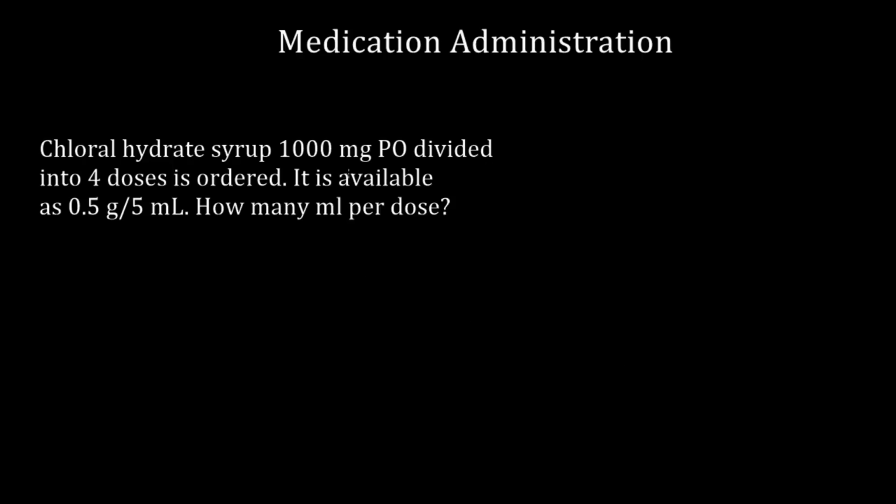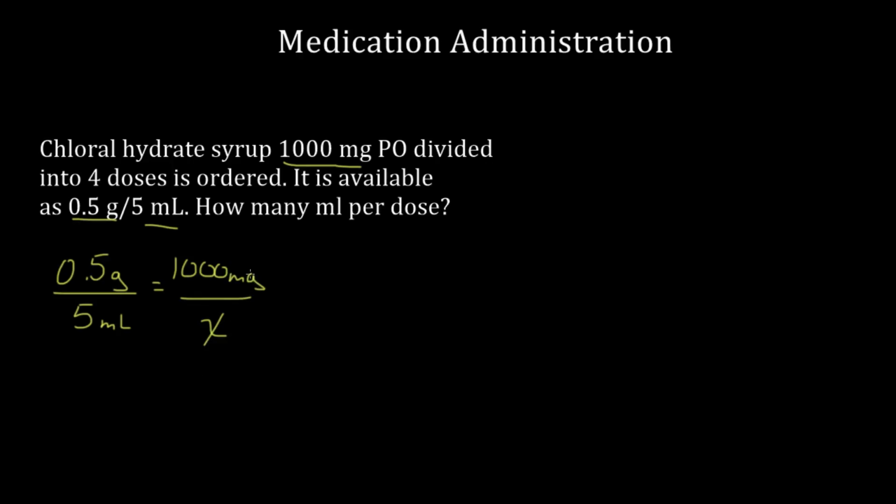Okay, so we notice here we have milligrams, grams, and milliliters. If we have on hand 0.5 grams per 5 mLs, that is equal to what the doctor ordered, 1,000 milligrams, and we need to figure out how many mLs we are going to give per dose.